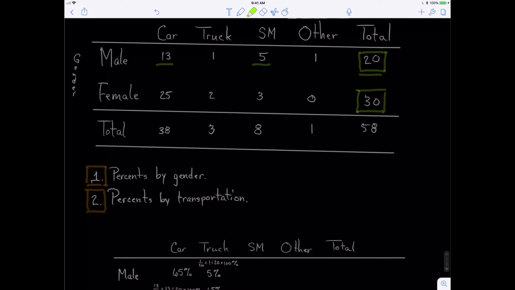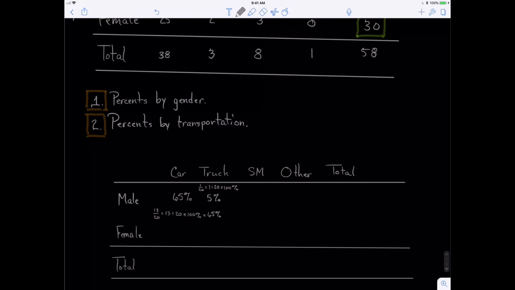So this is going to be 5/20ths, or 5 divided by 20. We'll have 5 divided by 20 times 100%, which is 25% of our males drive an SUV or minivan.